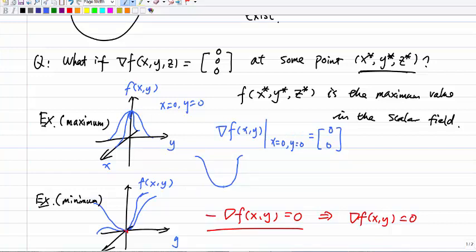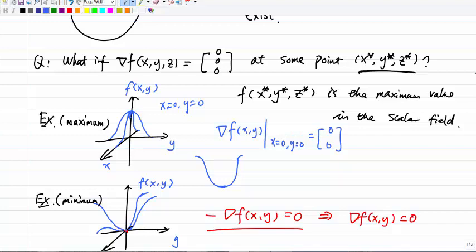It actually doesn't matter, because at this point it doesn't matter which direction you go. It's basically the same value, it's unchanged. If you change by a very small amount around your point, you don't get any increase in your scalar field.